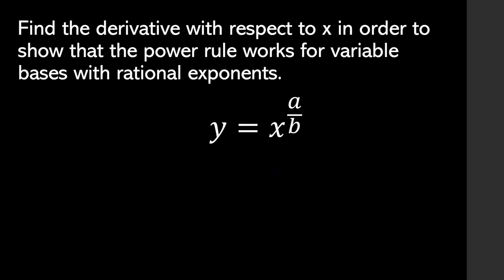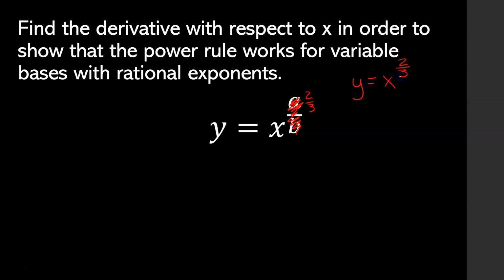So, shoot, I thought I had a blank screen next. This might work a little bit easier if first we do the derivative of, I don't know, let's say x to the power 2/3. So let's pretend instead of x to some number a over some number b, we use x to the power 2/3. So y is equal to x to the power 2/3.